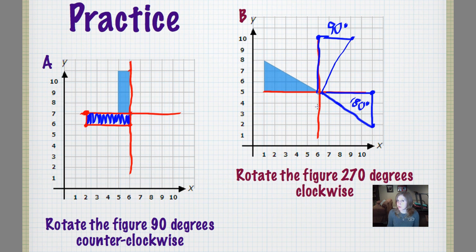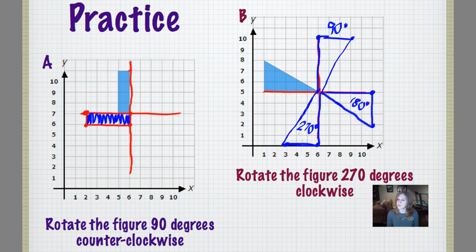We're going to count down actually 5. 1, 2, 3, 4, 5. Ooh, I'm right on my x-axis. 1, 2, 3 across. Connect them. And then I'm going to go to my point of origin right there, my point of rotation. And this would be a 270 degree rotation.